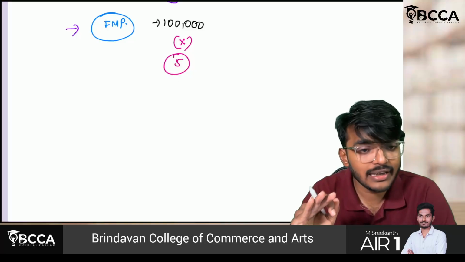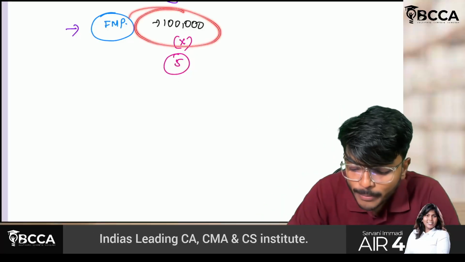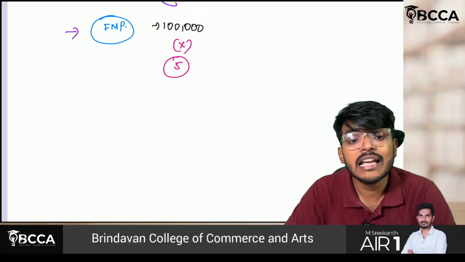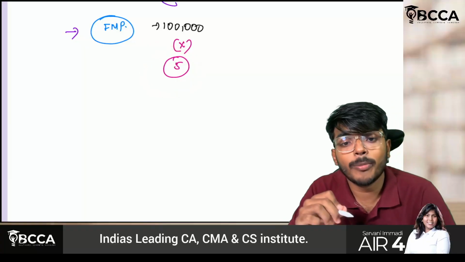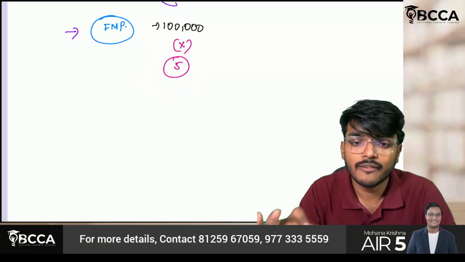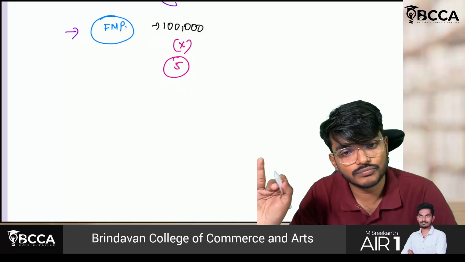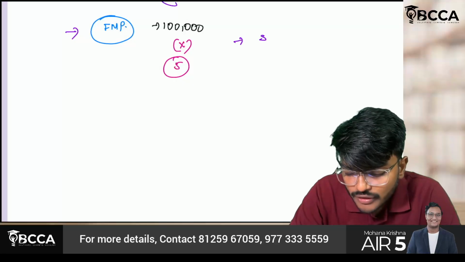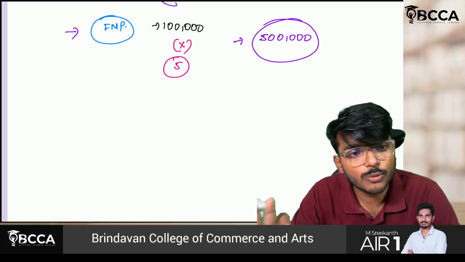So we will take the number of years of purchase as 5 years. From examination perspective, this will be directly given in the question. That much easier it is. Our goodwill in this method will be 5 lakh rupees. That's it, guys. Very simple.